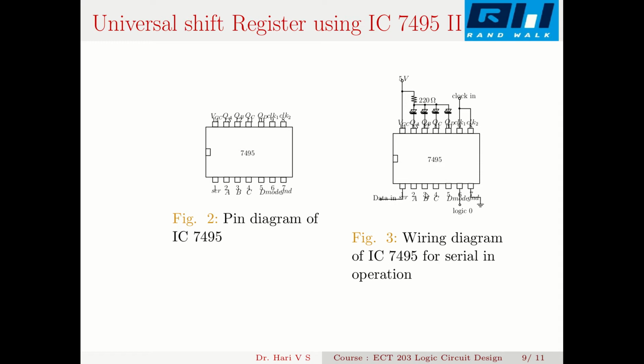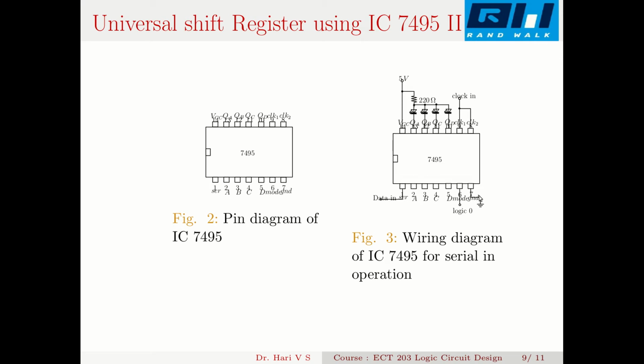Now you can see the wiring diagram for serial in and right shifting operation. You can connect the serial data input here and keep A, B, C, D open, because I am not using the parallel input. This mode is kept at logic 0 so that right shifting or serial operation is possible.